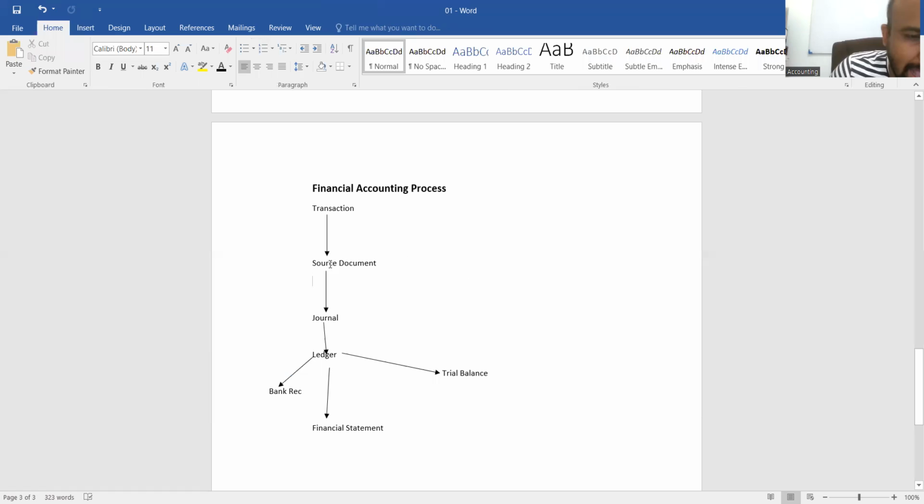Write bank reconciliation on this side, debtors reconciliation, creditors reconciliation, anything you can write, right? Debtors rec, anything. Okay, take a minute and complete this.